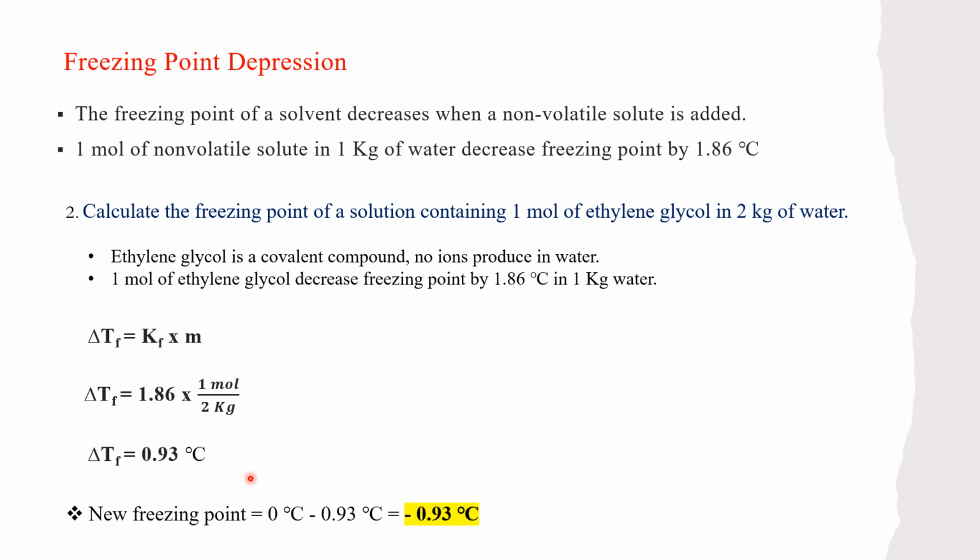Initially, the pure water freezing point is 0 degrees Celsius. Now the lowering is 0.93 degrees Celsius, so 0 minus 0.93, the new freezing point is below 0. It is negative 0.93 degrees Celsius. I hope now you understand what colligative properties are and how we can solve problems using boiling point elevation and freezing point depression.